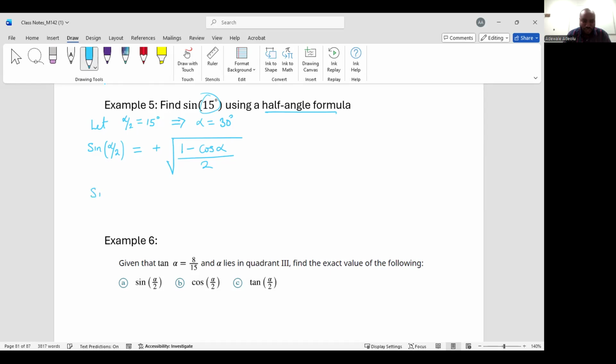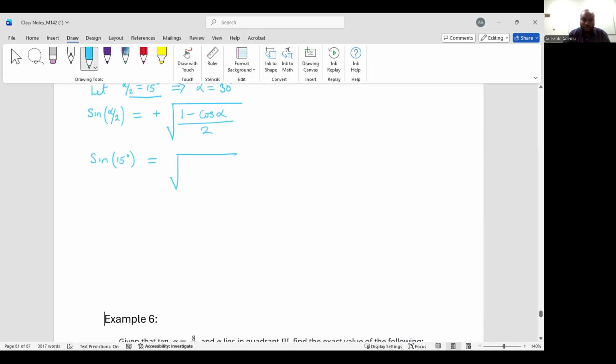So this is sine of 15 degrees, because alpha over 2 is 15, equals square root of, in this case now, 1 minus cosine of our alpha, which is 30 degrees, divided by 2.